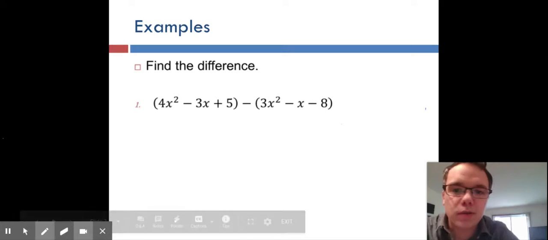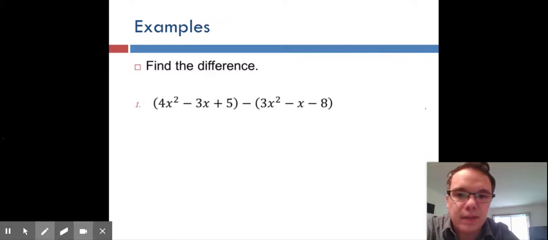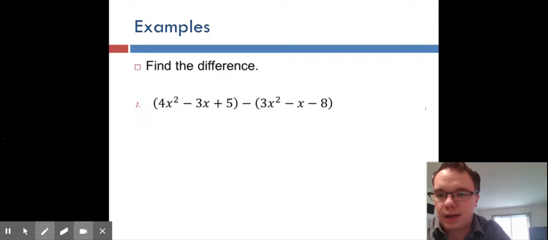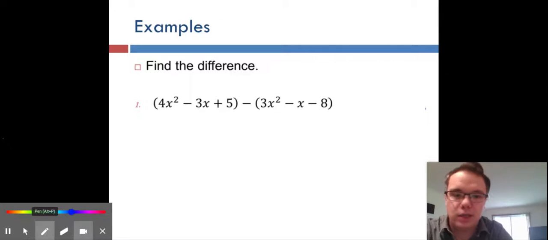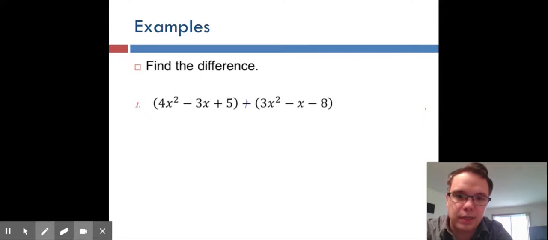So if I have 4x squared minus 3x plus 5 minus 3x squared minus x minus 8, I'm going to change the subtraction to addition and change all the signs in my second polynomial. So this becomes negative 3x squared, positive x, and positive 8.